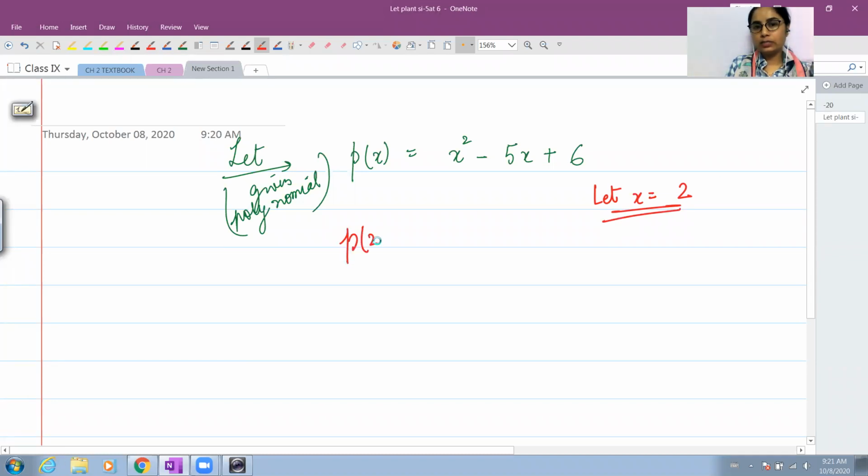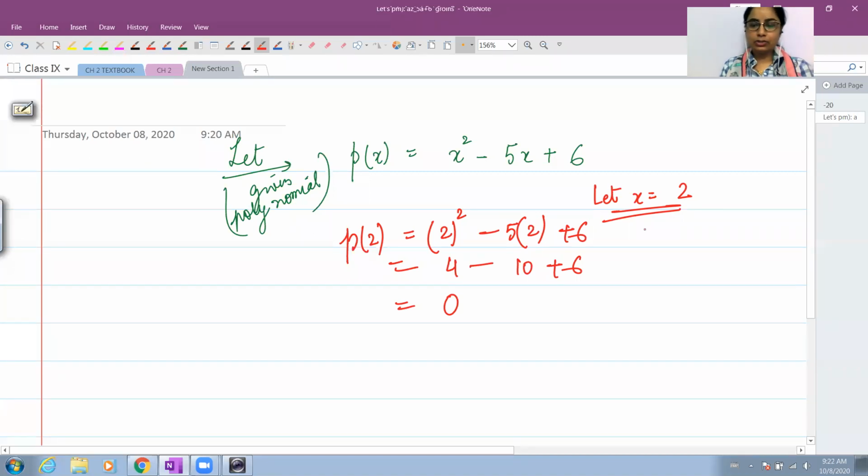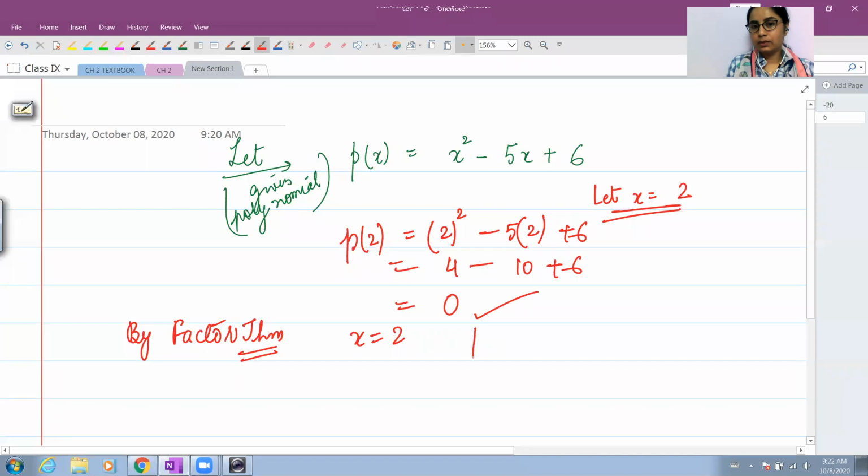So by using this, if I just evaluate, I get the evaluated answer as 0. By trial and error, just by guessing, मैंने x की वैल्यू पिक की और वो वैल्यू जब मैंने px में रिप्लेस की है, मेरा आंसर 0 बन गया. राइट नाउ फैक्टर थ्योरम ये कहती है बिकॉज x इक्वल्स टू 2 से p2 0 आया था.